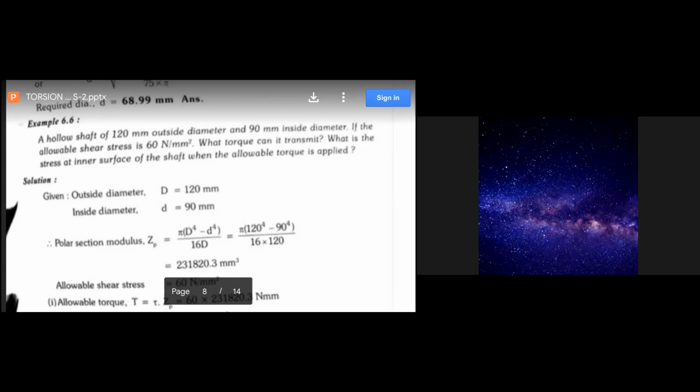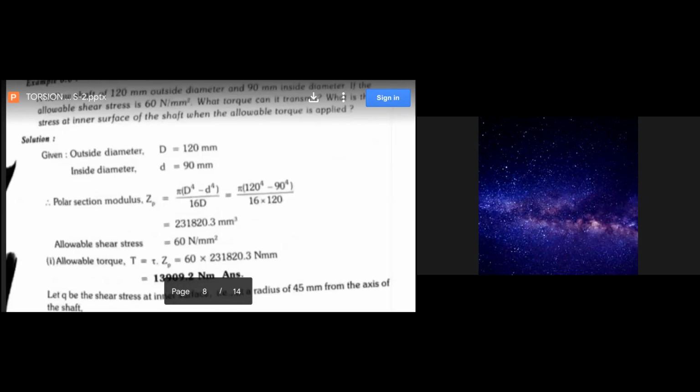So here, the shaft is a hollow shaft. Outside diameter is 120, inside diameter is 90. Capital D is 120 and small d is 90. And polar section modulus Z is given by the direct formula, pi into capital D power 4 minus small d power 4 by 16 capital D. So substitute the values, calculate polar section modulus, that is pi into 120 power 4 minus 90 power 4 by 16 into 120.